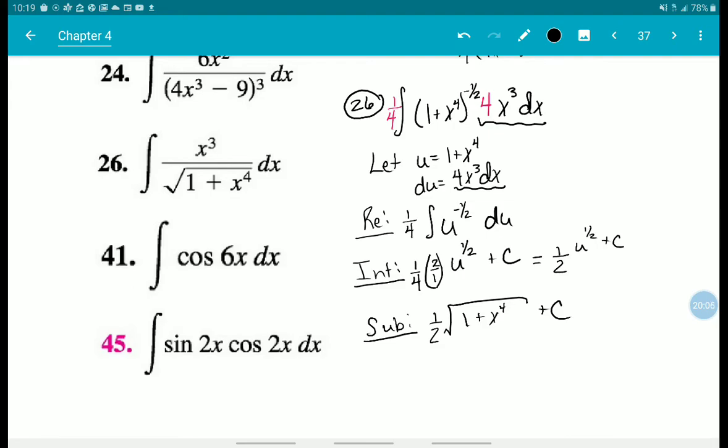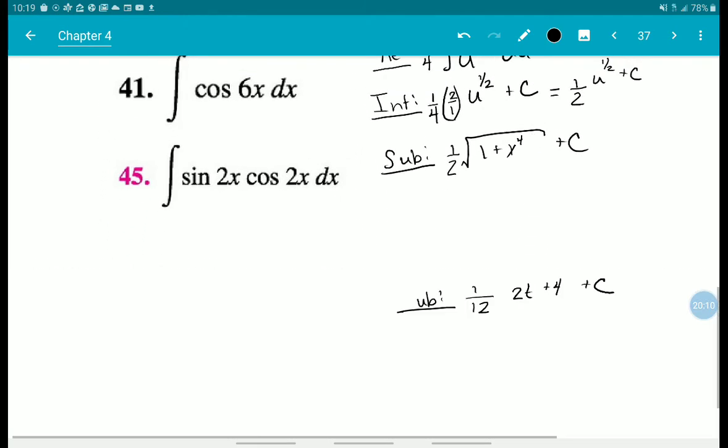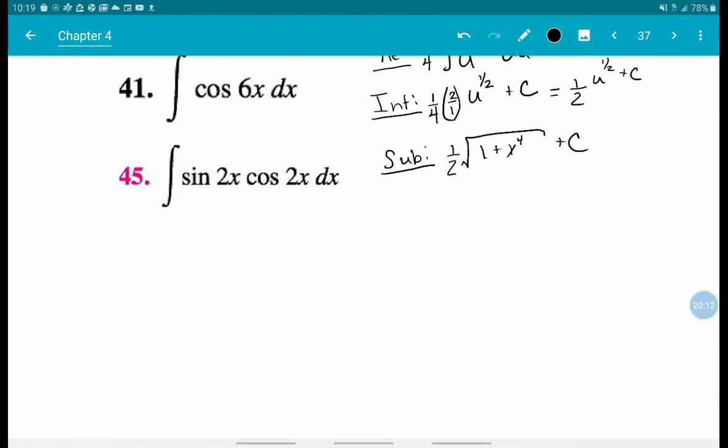So let's look at some trig ones. These are going to be fun. So in 41, we are integrating the cosine of 6x dx. There is an understood parentheses around that 6x.